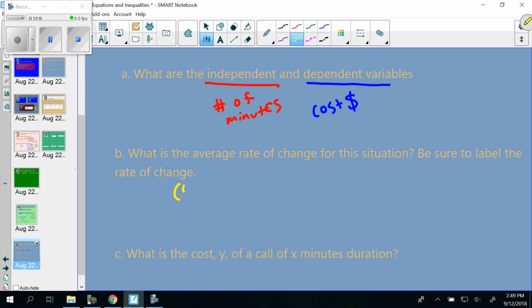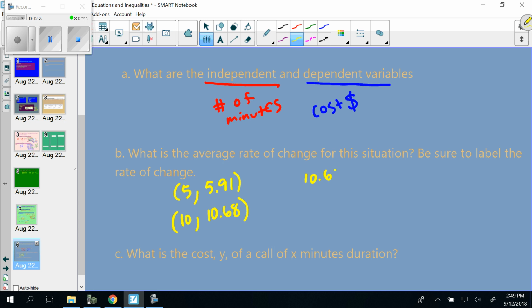They said a 5-minute phone call costs $5.91. They said a 10-minute call is $10.68. We can find the average rate of change here using the slope formula.